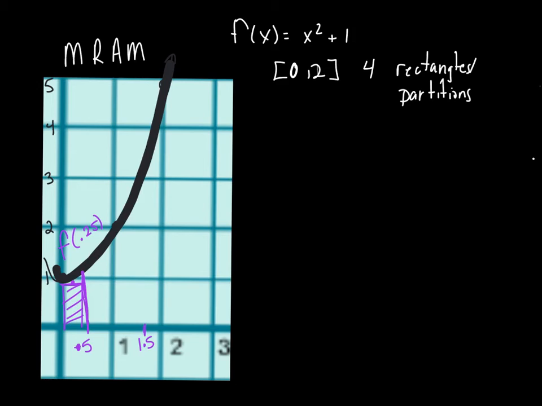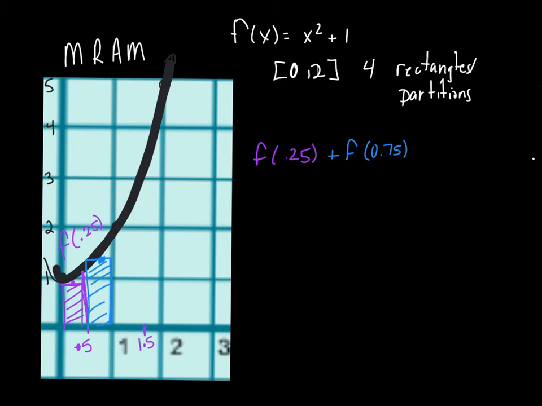Now for the next one, again, halfway in between 0.5 and 1, that's going to give me plus f of 0.75. So that's why I'm stopping halfway here. This is going to be my rectangle inside here, and I want this area.